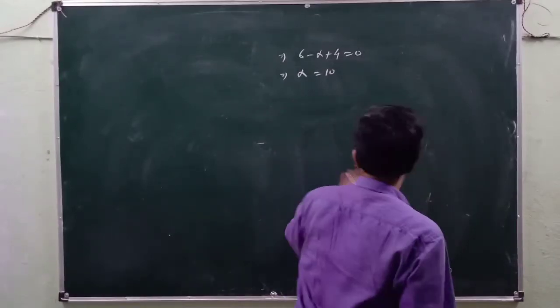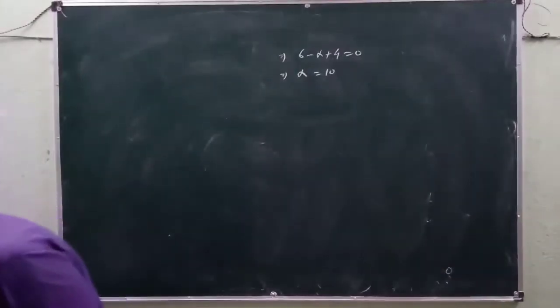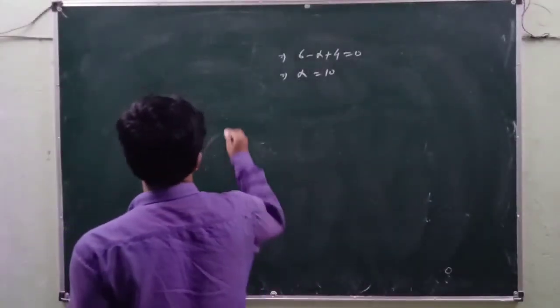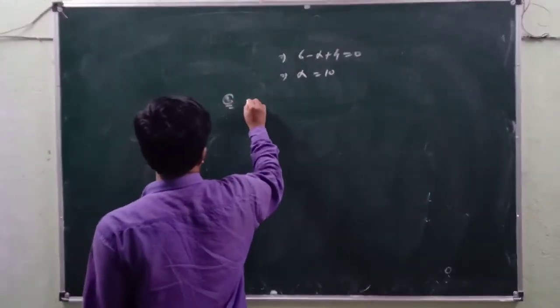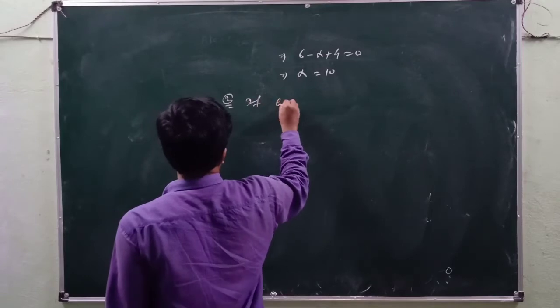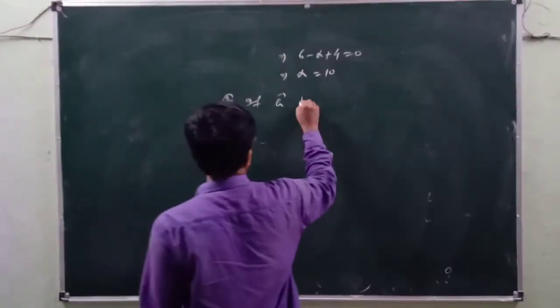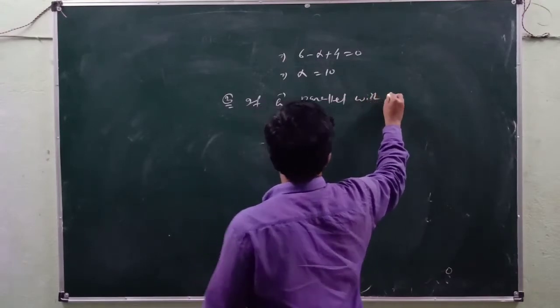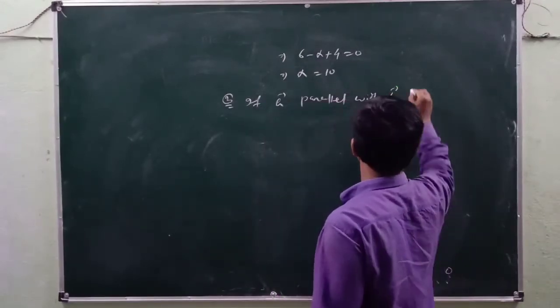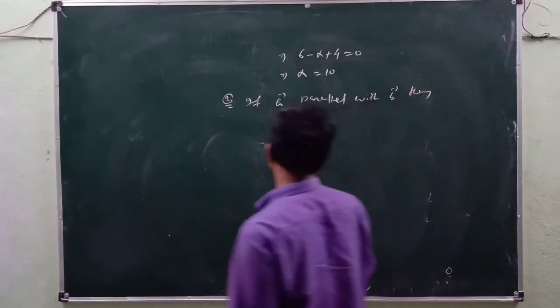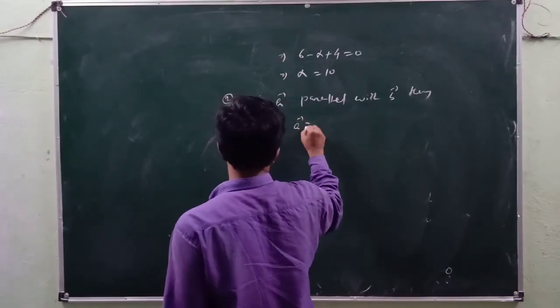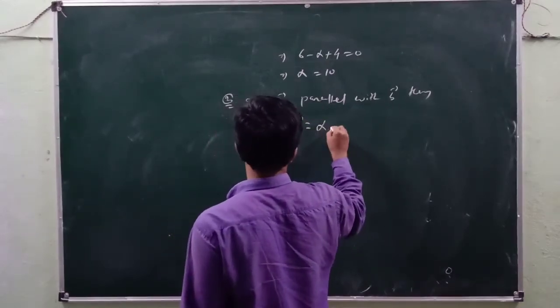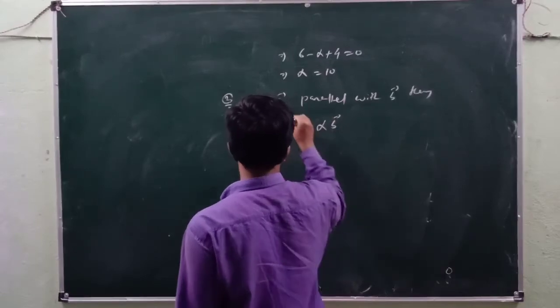Then in note 2, remember, if A vector is parallel with B vector, then A vector will be alpha into B vector.